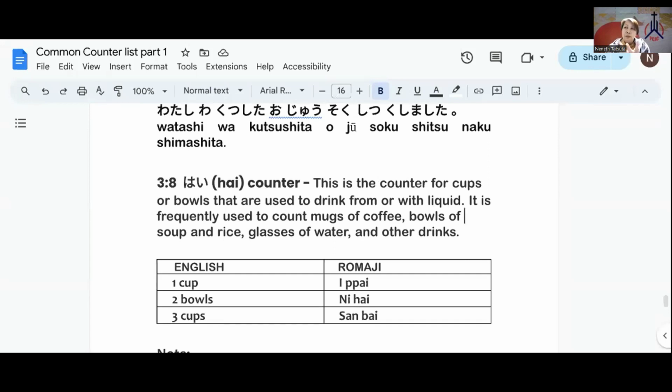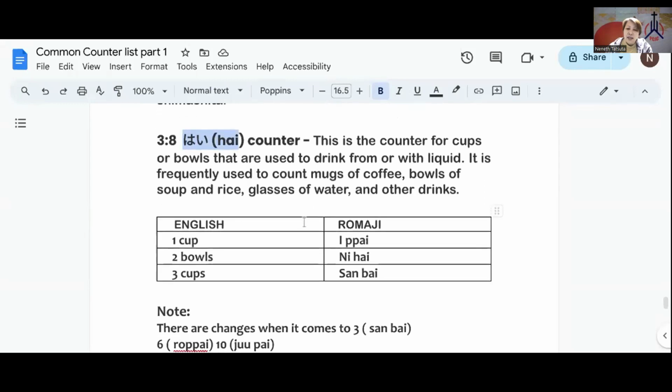It is in a bowl, so it is counted with hai. Or mugs of coffee, glasses of water and other drinks in a drinking cup.